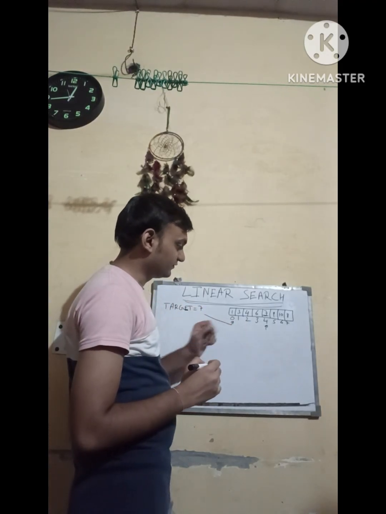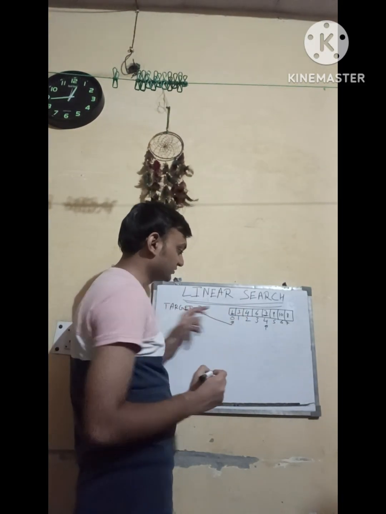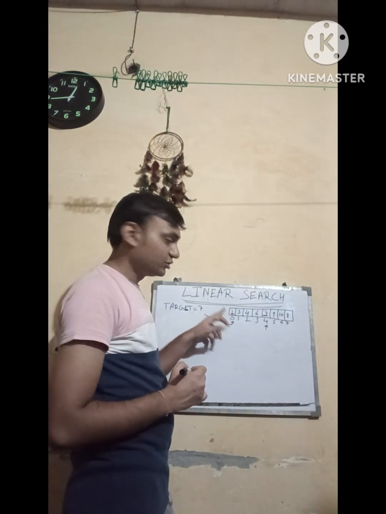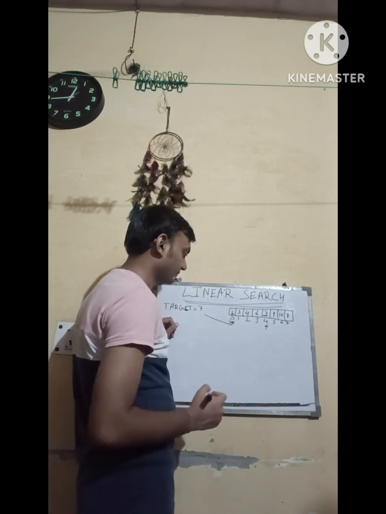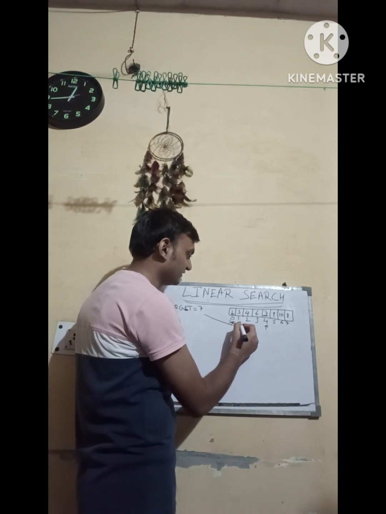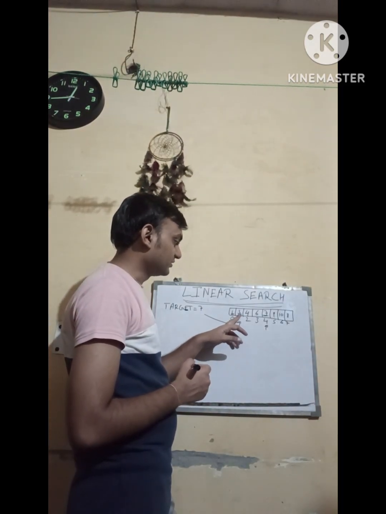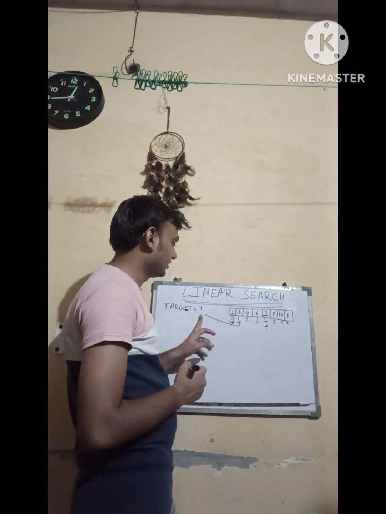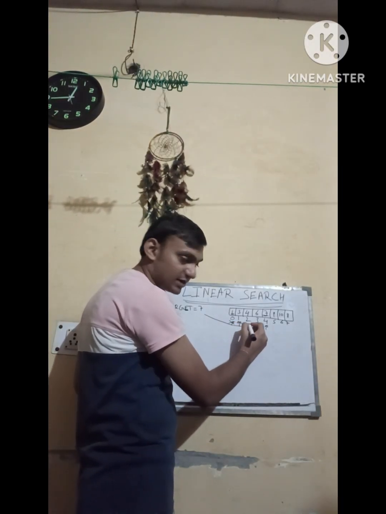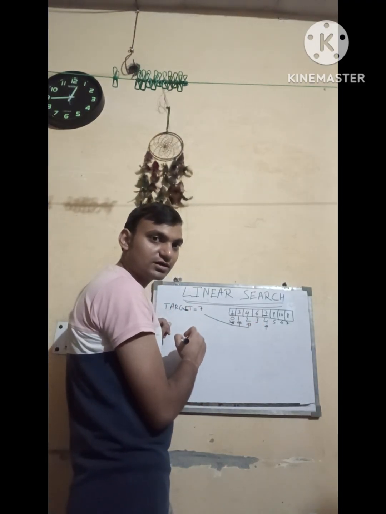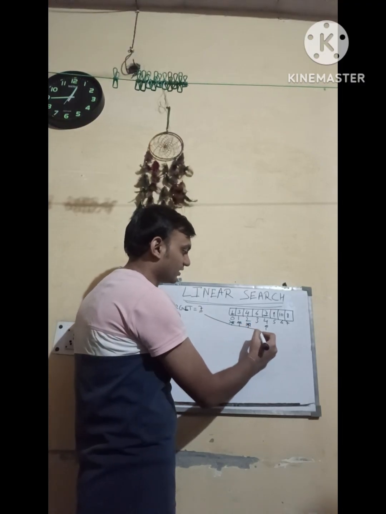First we will check the first element of the array: is it equal to the target value that we have? No. Then we check the next element of the array: is it equal to the target value that we want? No. Again we will check.